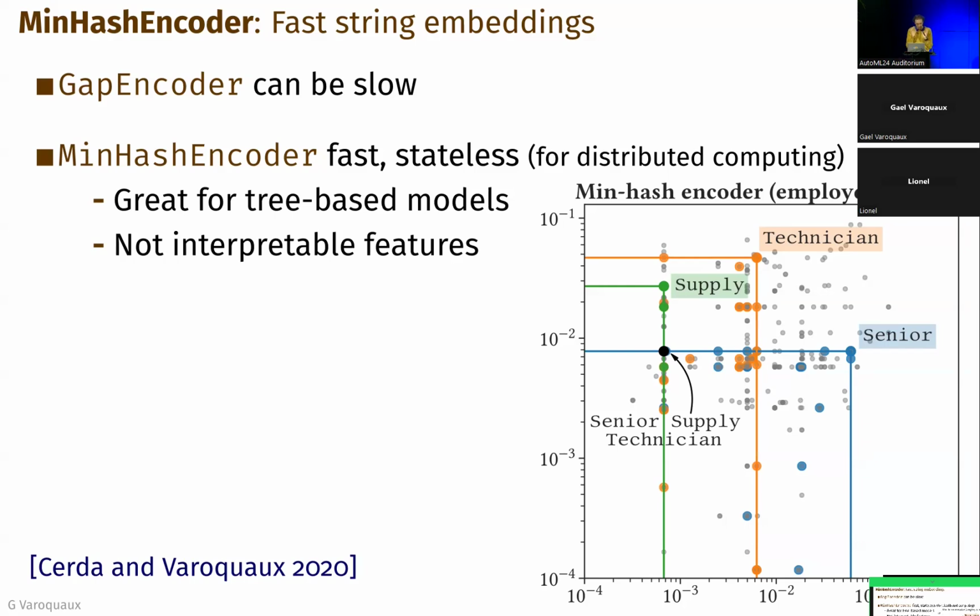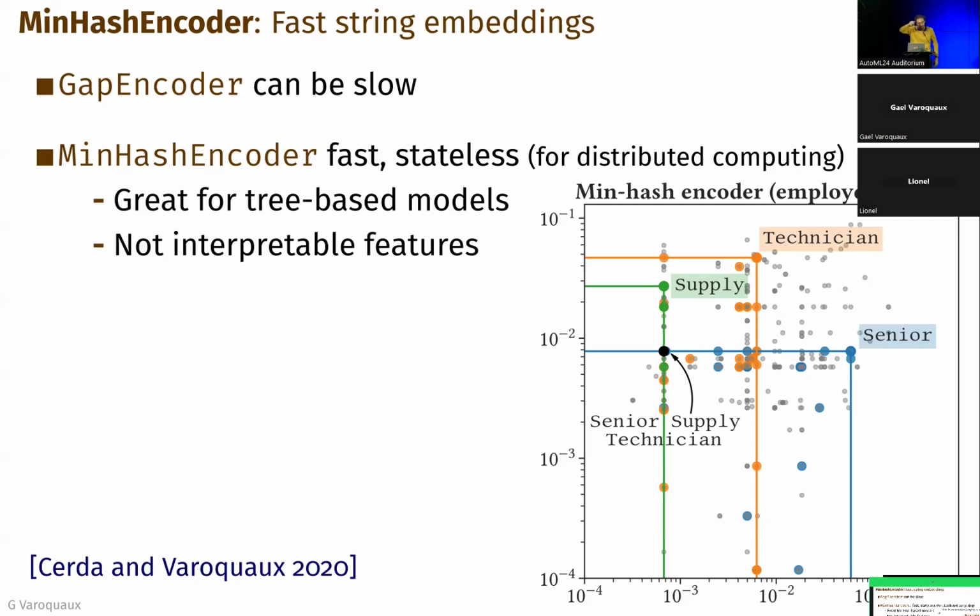But what you get, and we showed this in the paper, is that all the strings that contain a given word have a representation that is lower, in each coordinate, than the hashing of this word.